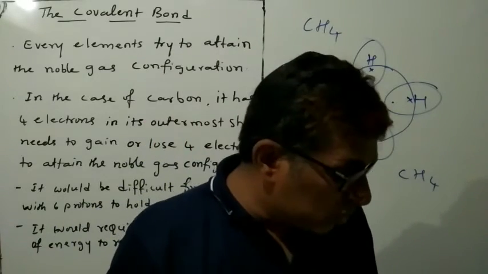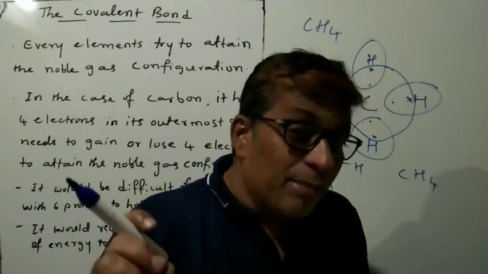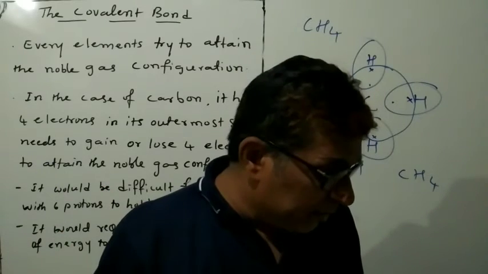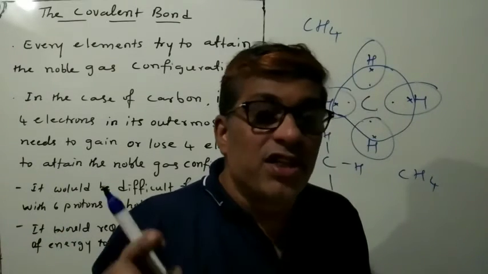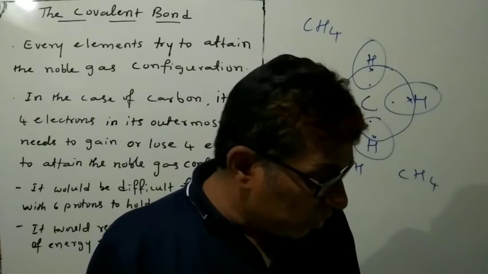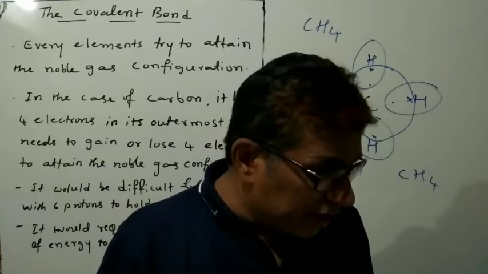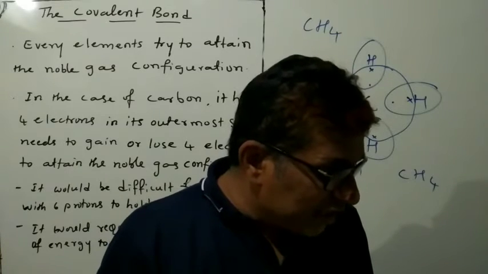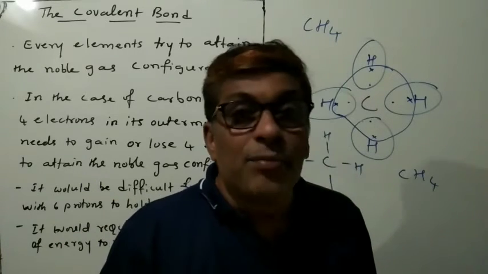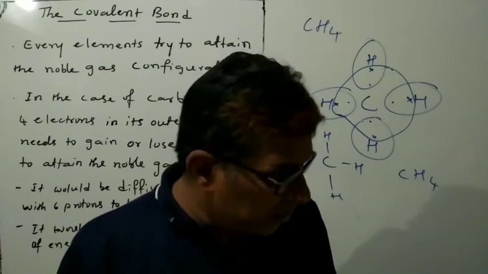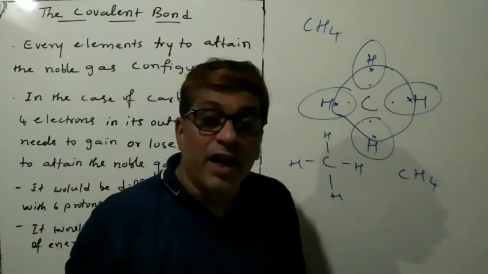That is why here carbon is tetravalent, because it has 4 valence electrons and its valency is 4. So in order to achieve the noble gas configuration, carbon shares these electrons with 4 atoms of hydrogen as shown in the figure here.